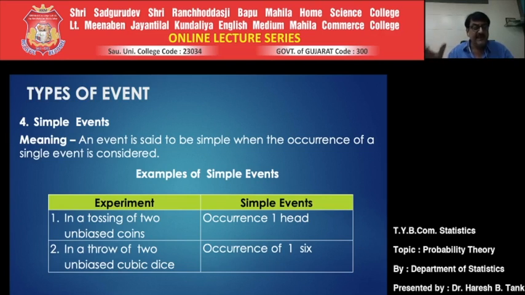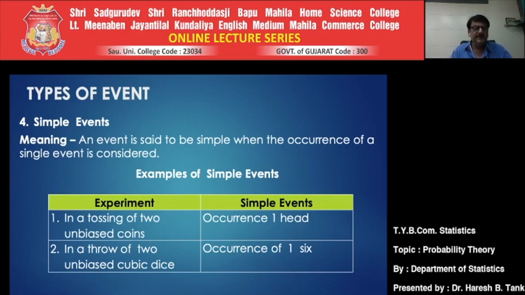Just think of a simple event, occurrence of one head. Look, one head. That itself is a simple event. Means this consists of only one possibility, occurrence of one head.